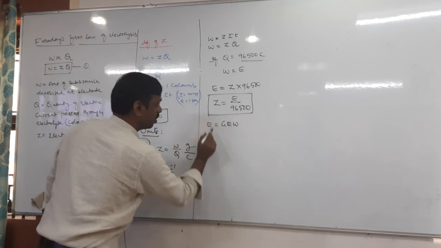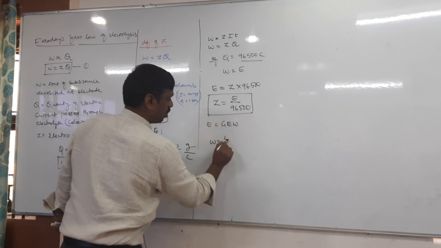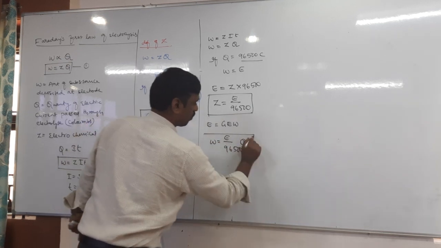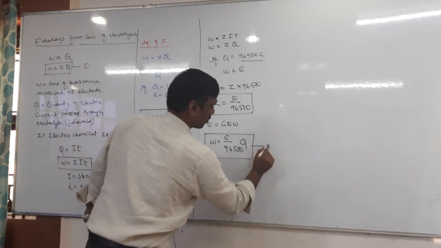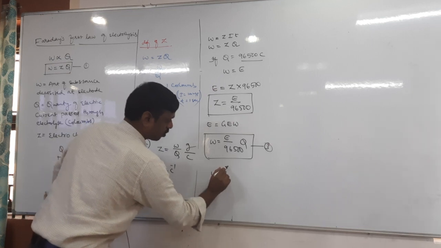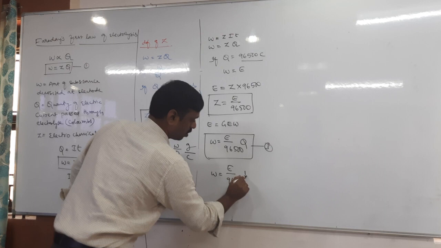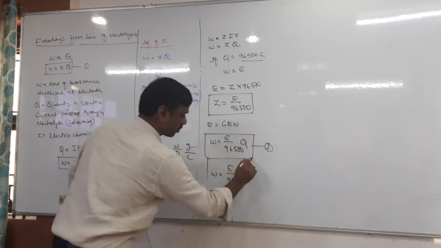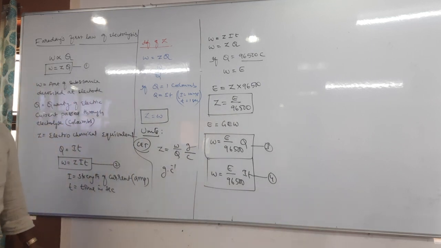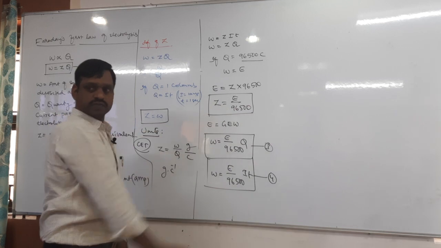In equation 1, W equal to E by 96,500 into Q, equation 3. In equation 2, W equal to E by 96,500 into I into T, equation 4. Do you understand how we have taken this?